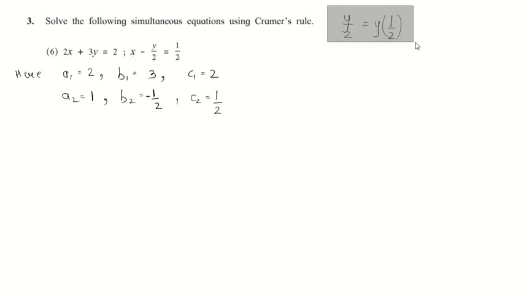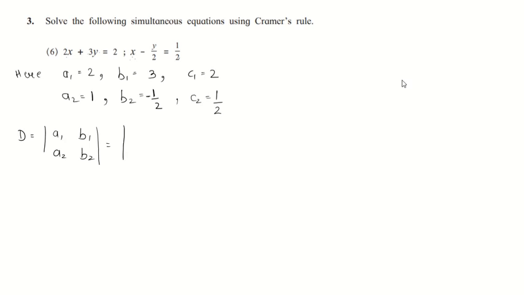Okay, here we will first find the values of d, dx and dy. So d is equal to the determinant with a1 is 2, a2 is 1, b1 is 3, b2 is minus 1 upon 2. Solve this: 2 into minus 1 upon 2 minus 3 into 1. 2 into minus 1 is minus 2 upon 2, and 3 into 1 is 3.